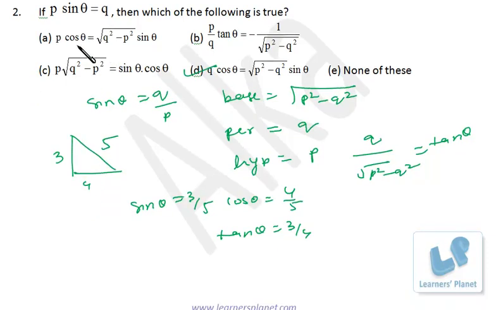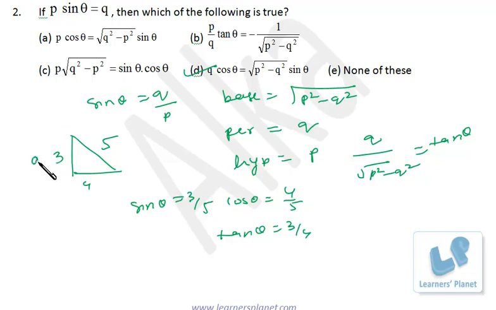After that you can put the values over here and see which one of them is correct, right? Root of p square minus q square is nothing but the base, that's 4, and q is what? 3.